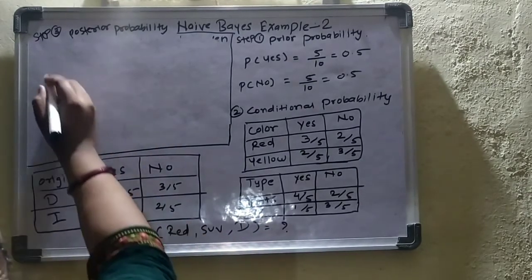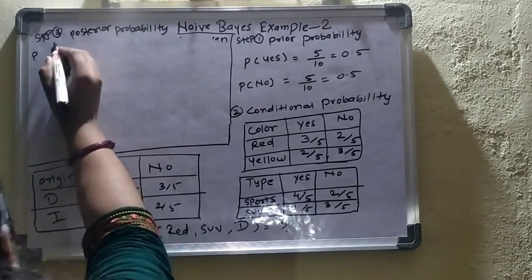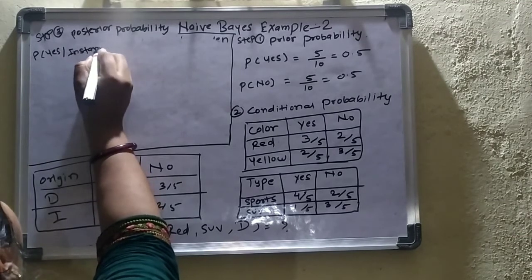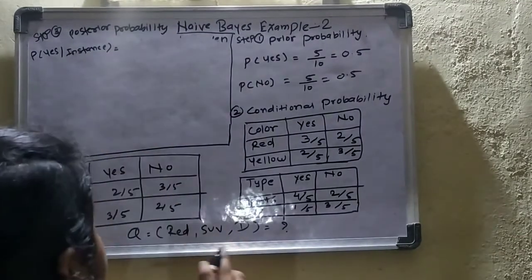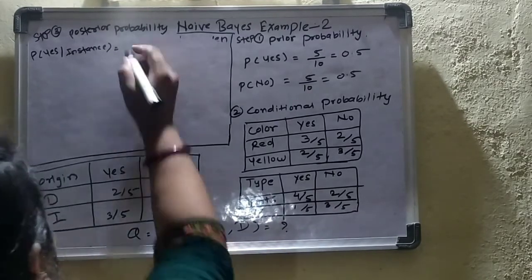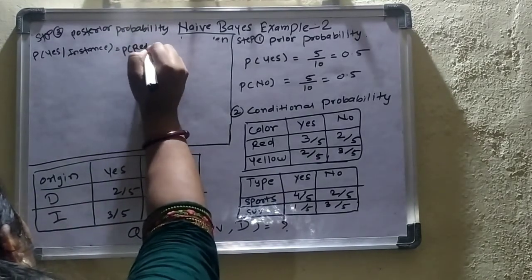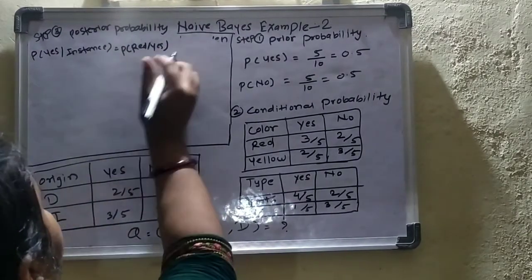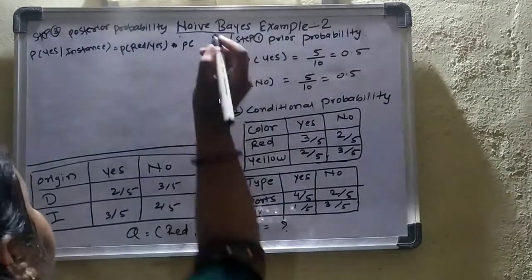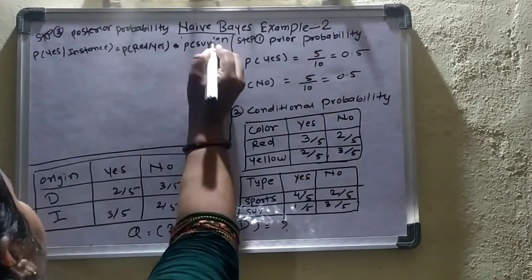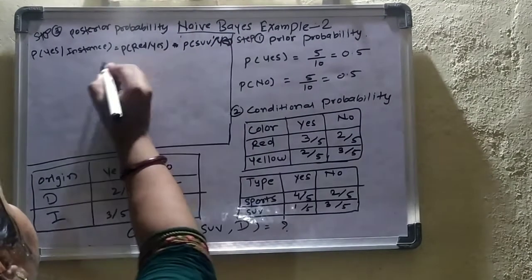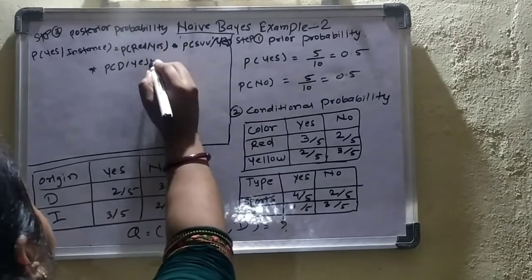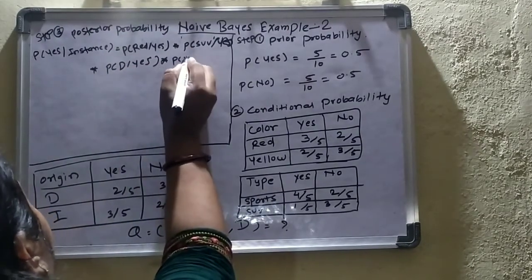Now first we'll calculate the probability for yes for the given instance. What will it be? The color we want is red, so it will be probability of red given yes. First we have to write, into probability of type is SUV. So SUV given yes, into probability of domestic given yes, into probability of yes.